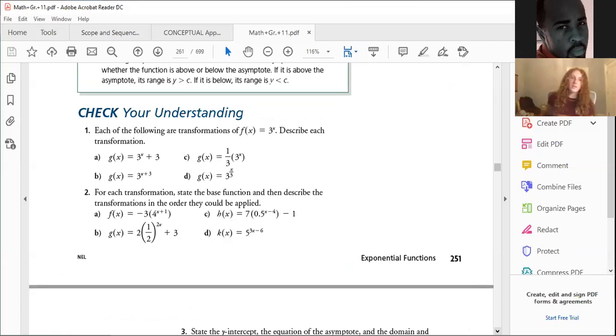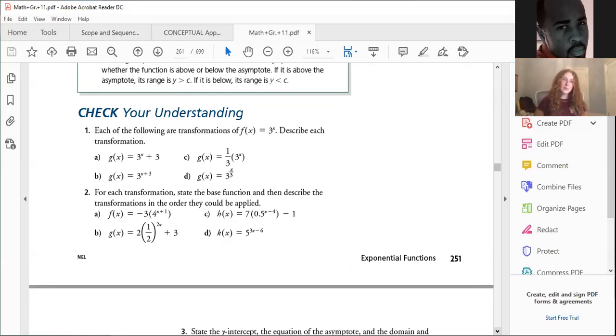Describe each transformation. Can you move to the second one, number two, please? Oh, okay. It's been vertically stretched by 3 and reflected over the axis. Can you do D for me? Sorry, Sophie, but do D for me. Number 1D. Sure. Oh, okay.